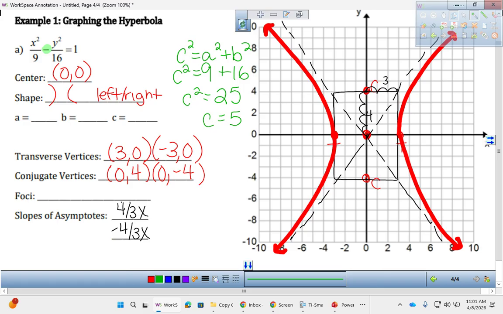So the focus is going to go in the x direction 5 units. So 5 units this way and 5 units this way. These are my foci. And then I'll write them as coordinate points: 5, 0, and negative 5, 0.